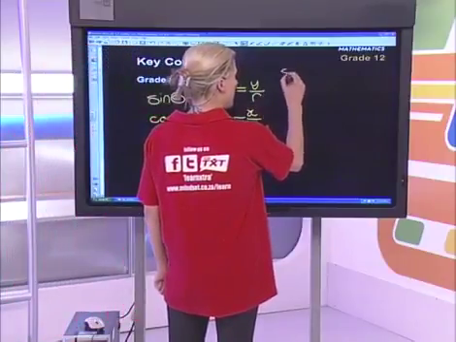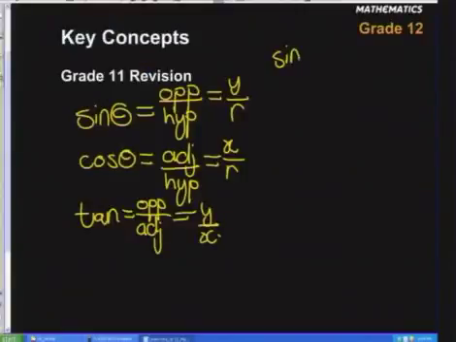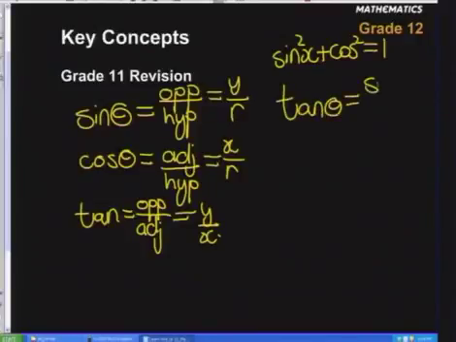If we're dealing with any one particular angle, sine squared of that angle plus cos squared of that same angle is equal to 1. This is called our square identity. Let me think what else. Tan theta is sine theta over cos theta. Very, very useful.